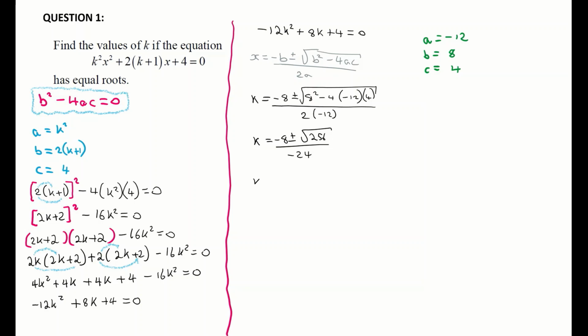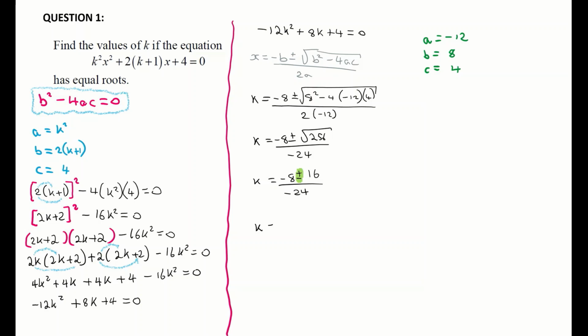And the square root of 256 is 16, so it's k is equal to minus 8 plus or minus 16 all over minus 24. Now I'm going to focus in on this plus or minus part, so I need to do it out for the plus and do it out for the minus.